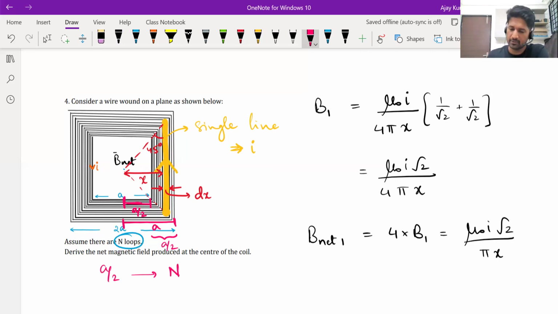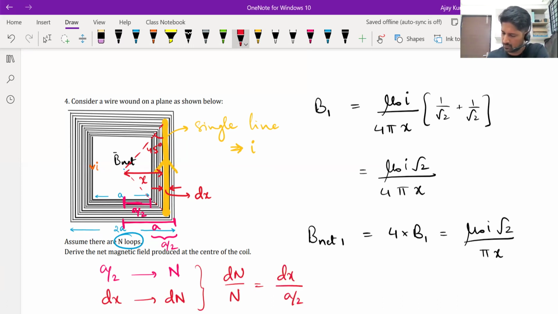In a width of a by 2, if there are n wires, then in a width of dx you can assume there are dn number of wires. Divide these two equations, you get dn by n is equal to dx by a by 2. 2 goes to the numerator, you can write it as 2 by a. Therefore, dn, the number of wires in that width dx, becomes 2 n dx divided by a.